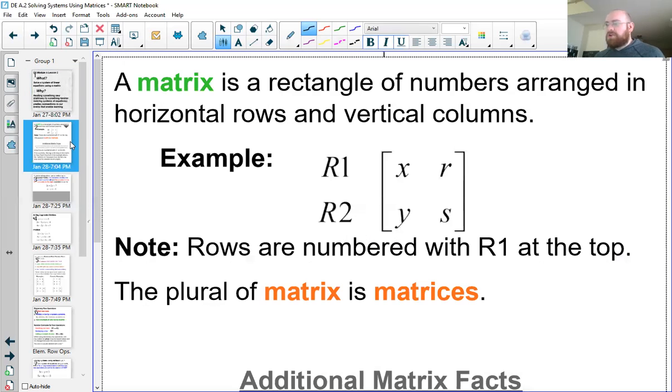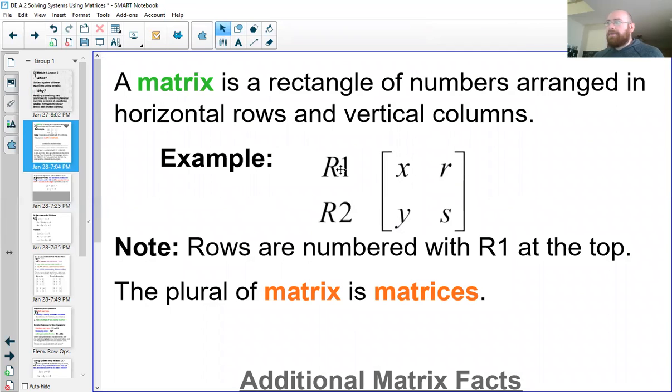So to start off by defining what a matrix is, we briefly mentioned this in the last lesson, but a formal definition is necessary. A matrix is a rectangle of numbers arranged in horizontal rows and vertical columns.